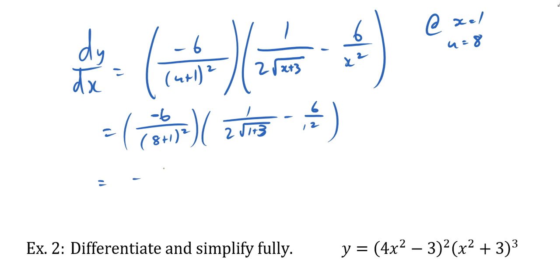I get negative 6 over 81 times a quarter minus 6, which works out to negative 23 over 4, which works out to 23 over 54.